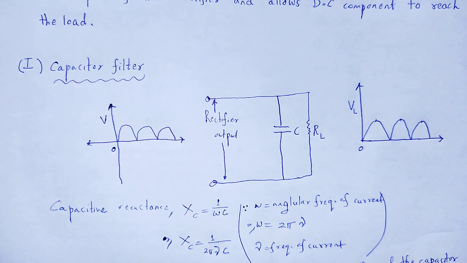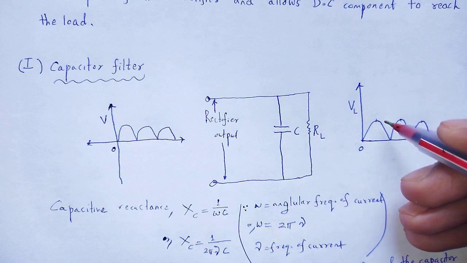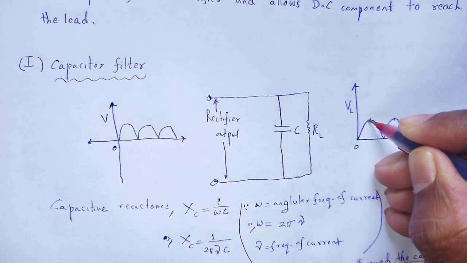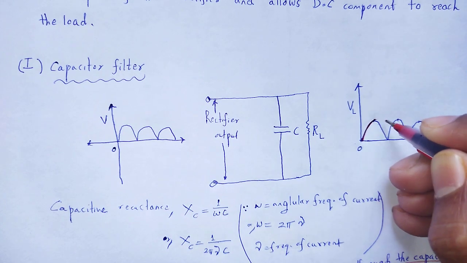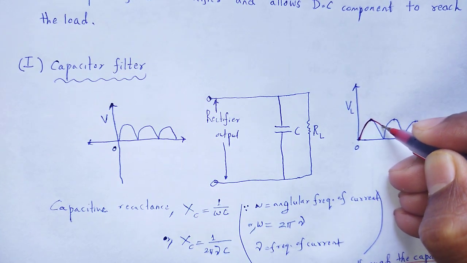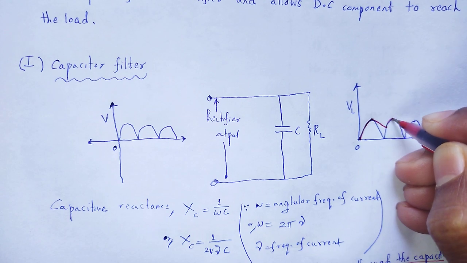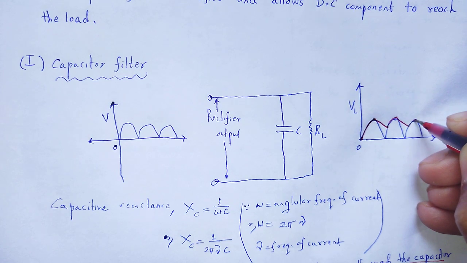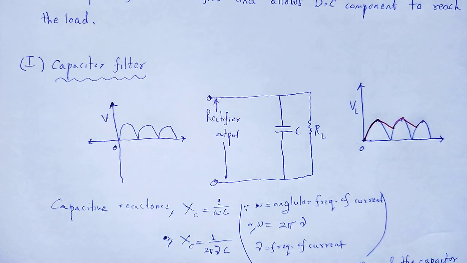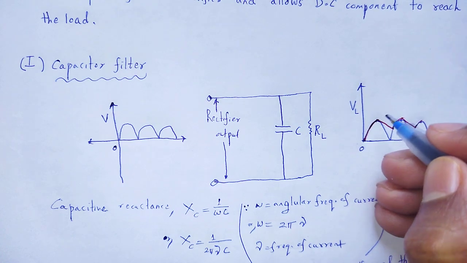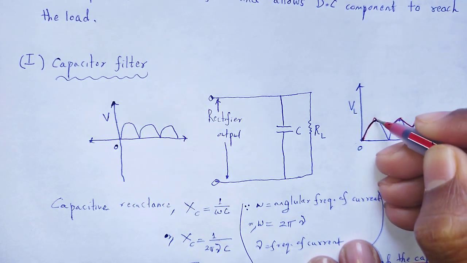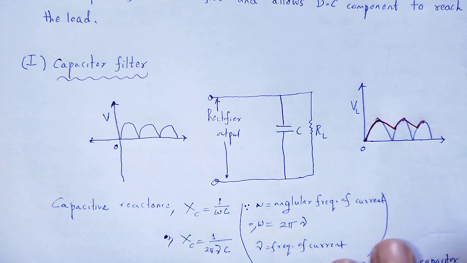In that situation, the voltage across the load decreases, then goes up, then decreases, then up, like this. That red one is the output DC.